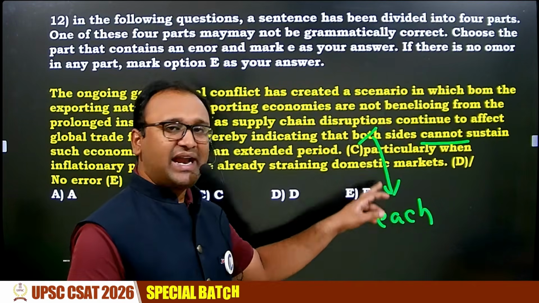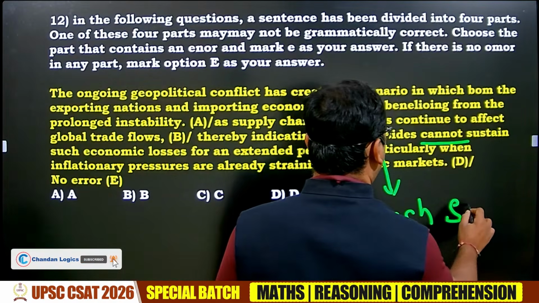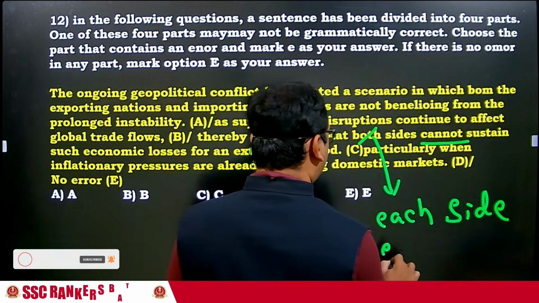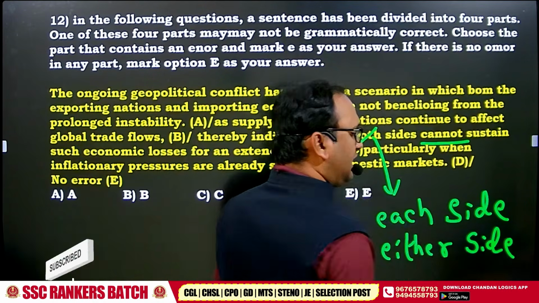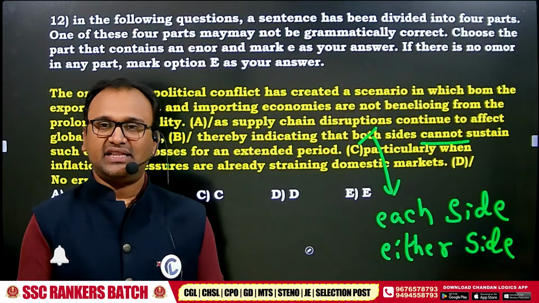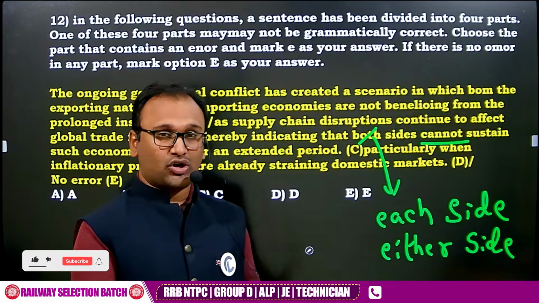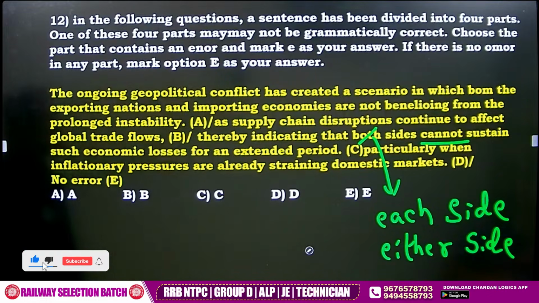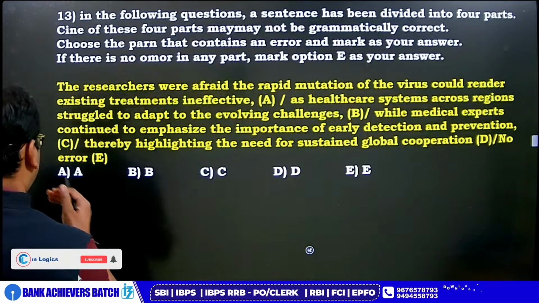And then when you add each, side will come naturally. So each side cannot. Or you also can say either side cannot. But you can't say both sides cannot.